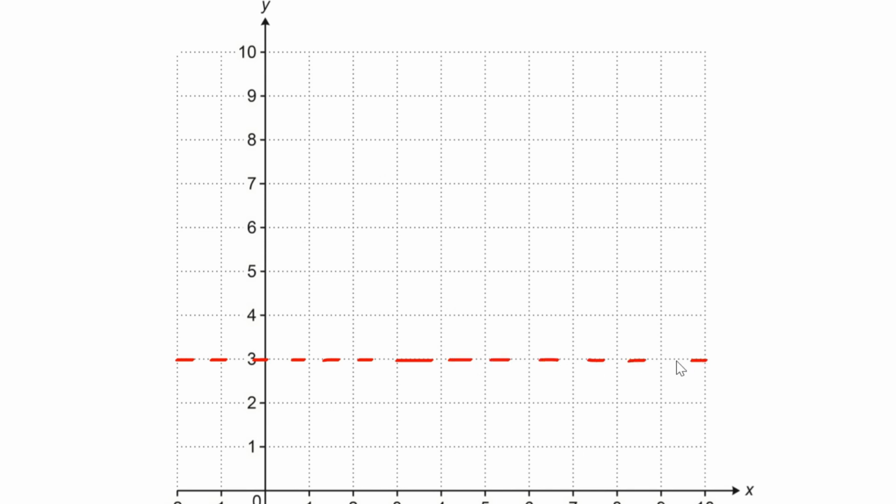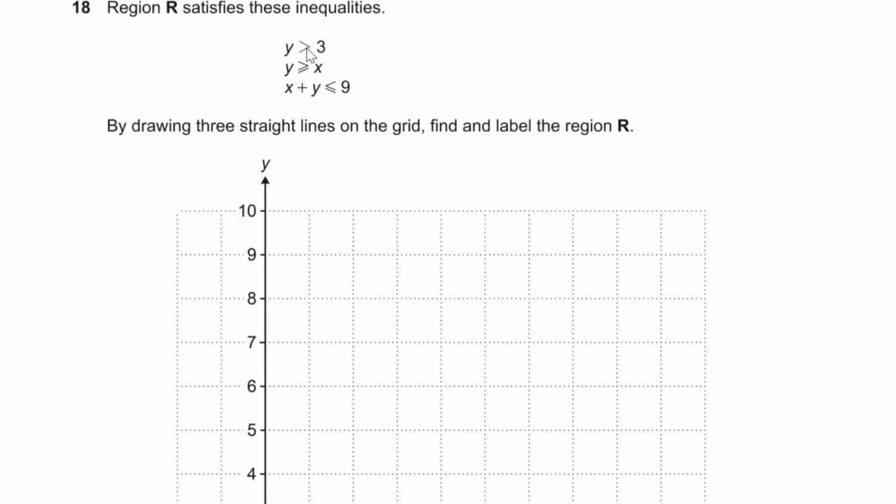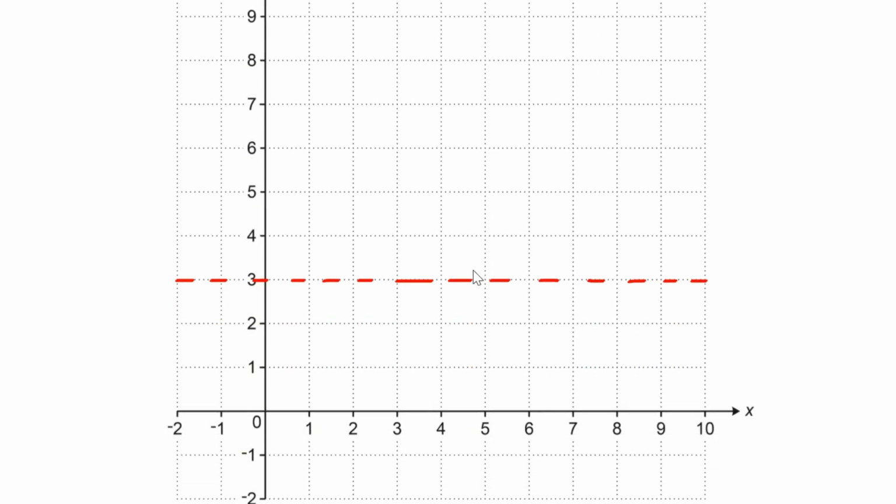And what we can do is determine which side we can shade, and we shade in the region we don't want. So if we pick the origin as a testing point, well, here we've got y being 0. Is this greater than 3? Well, no, it isn't. So we don't want everywhere below this line here.